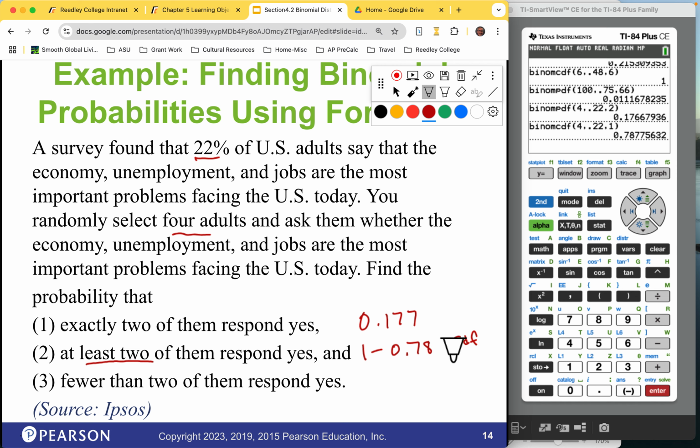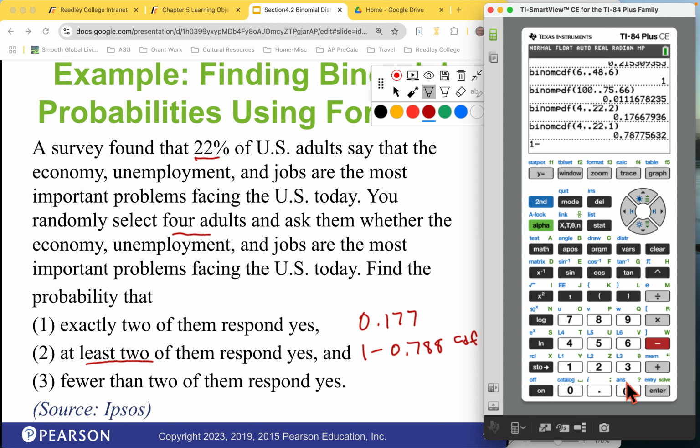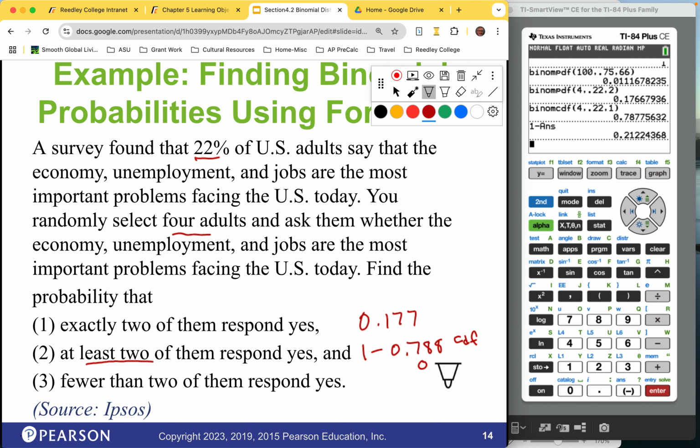We'll round it to 3 decimal places. And so that gives us 1 minus the answer. Notice the answer's down here, second answer. So our answer is going to be 0.212.